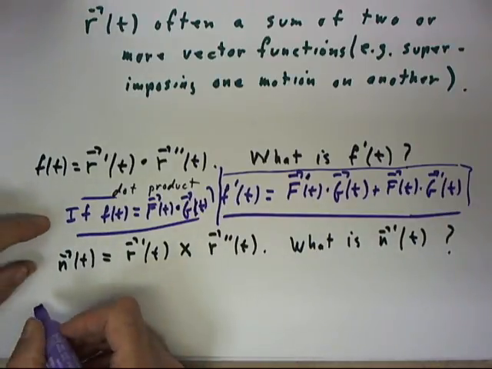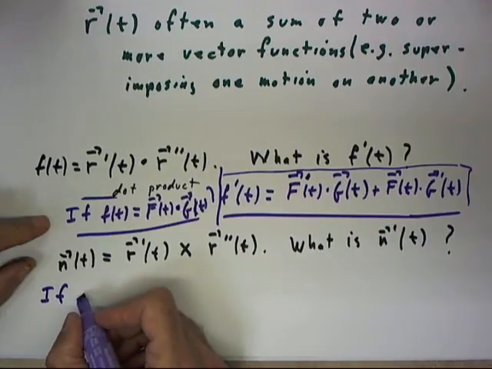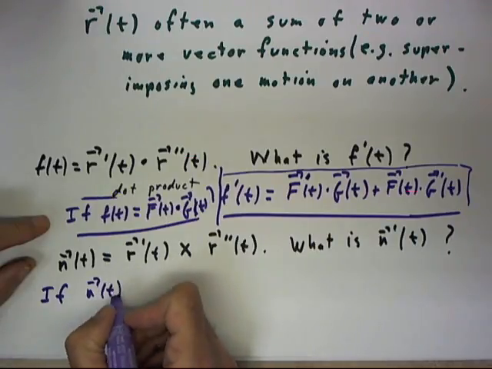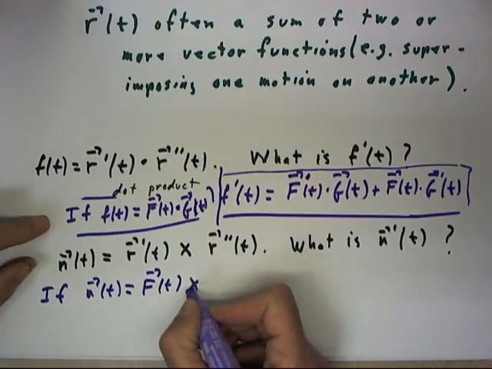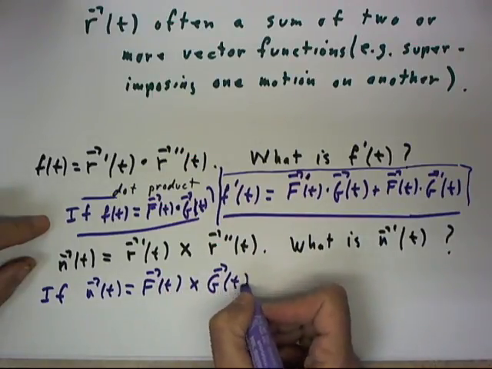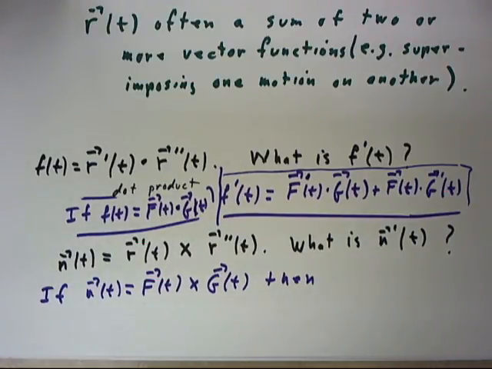Now, similar to the other one, I'm going to use simpler notation. If N of t is equal to F of t cross G of t, then, well, what do you expect?